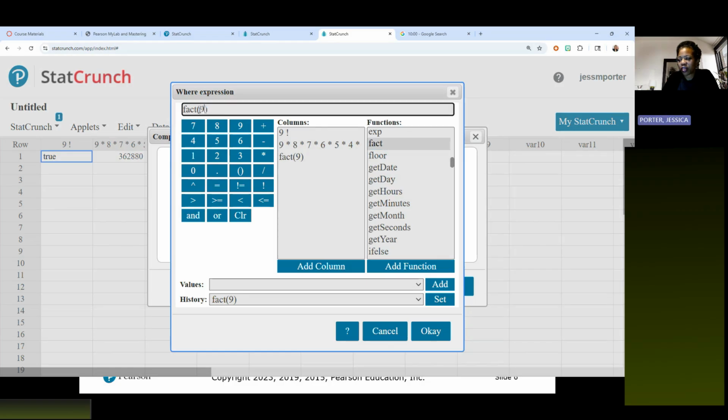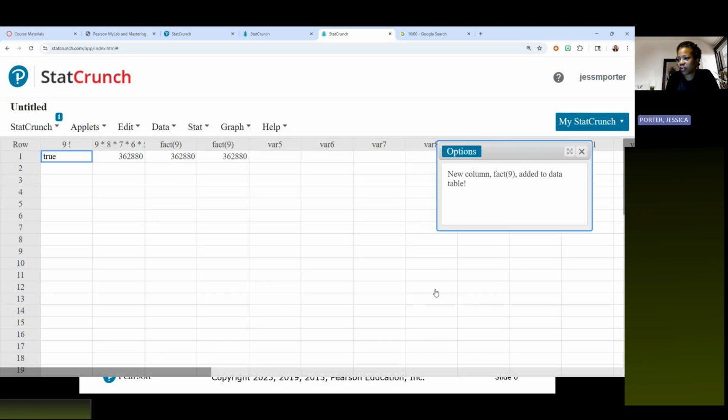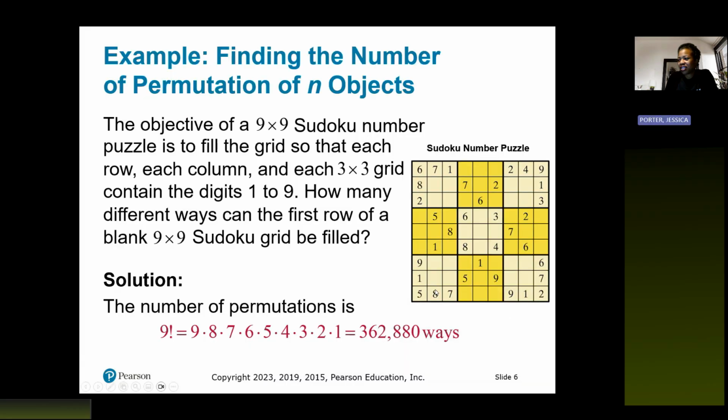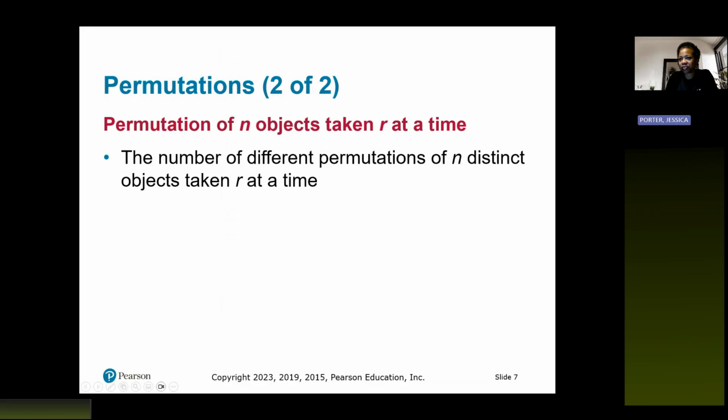Put the number in the parentheses, then okay, and then compute. That is strange to me too, because what is the exclamation mark there for if I can't use it? But anyway, that's how you do it in StatCrunch. Use the word fact. And that's the first thing we learn how to do.